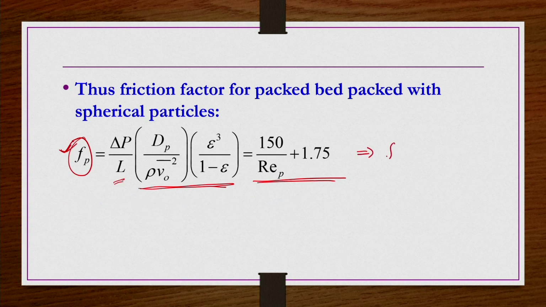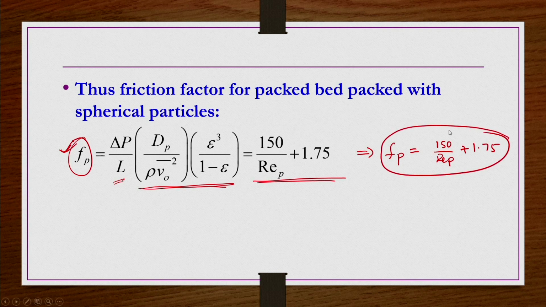So, the friction factor for a packed bed is nothing but 150 by the Reynolds number for packed beds plus 1.75. This is what we get. And this equation again has two contributions.